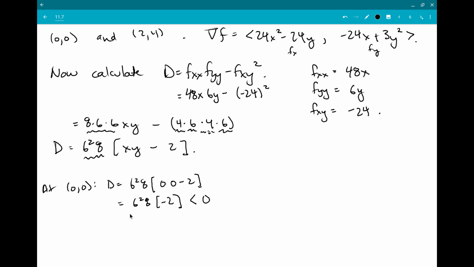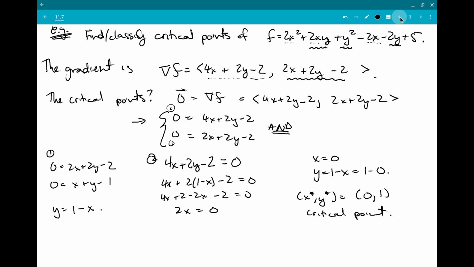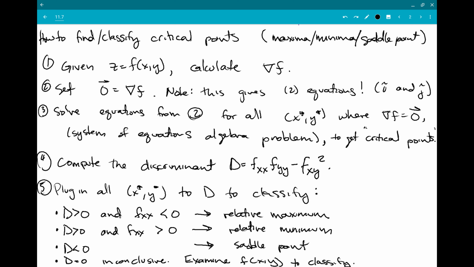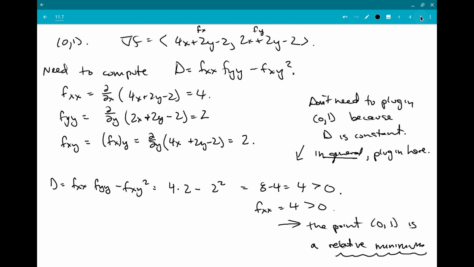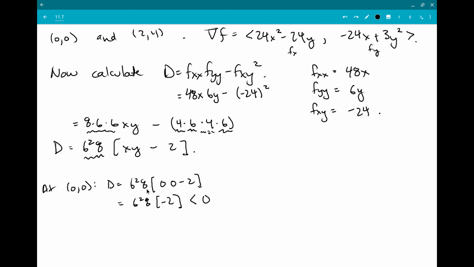And so I don't know what this is going to be, but I know it's a negative number from that right there. And if I go back to my list of ways to classify things, when I have D less than 0, I don't have that extra step. I just know right away this is a saddle point. So I can go ahead and say that this is a saddle point.